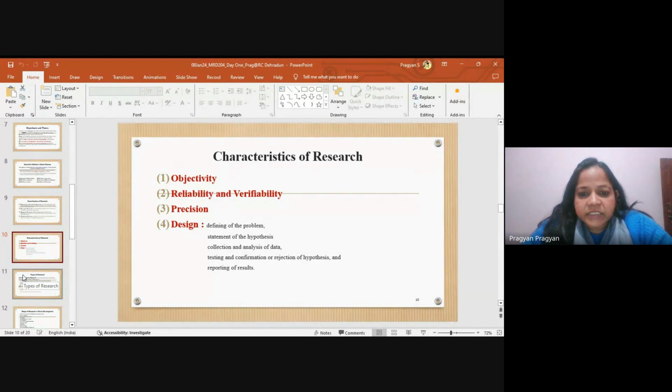Next is testing and confirmation or rejection of hypothesis. Here again, the same question which we were discussing a few moments back is coming again. After this collection and analysis of data, we are trying to understand whether the hypothesis is proved or rejected. There is an equal possibility of confirmation as well as rejection.